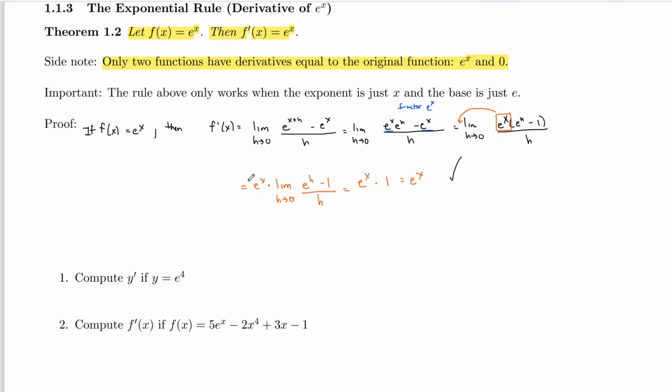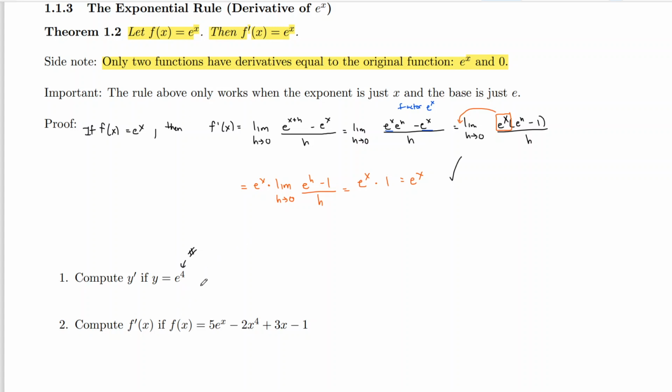All right, so now that we have this rule, we can just add it on to our other rules. We have the power rule, we have this one, and then we have the ones at the beginning, the basic ones. Number 1 says, compute y prime if y equals e to the 4th. Now this one's just another trap because notice here that e to the 4th is just a number.